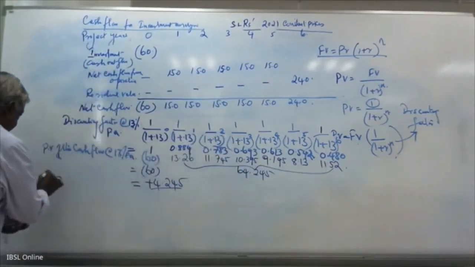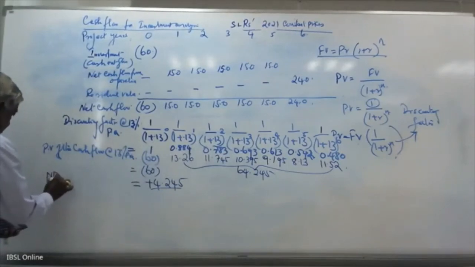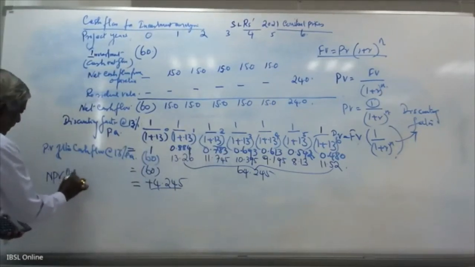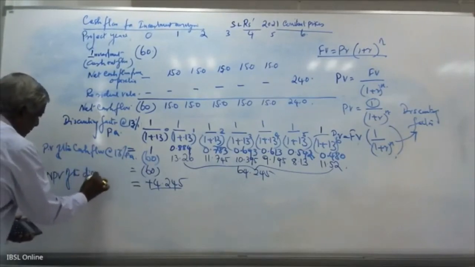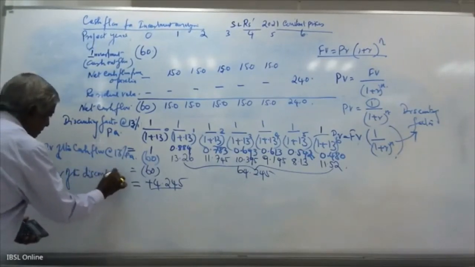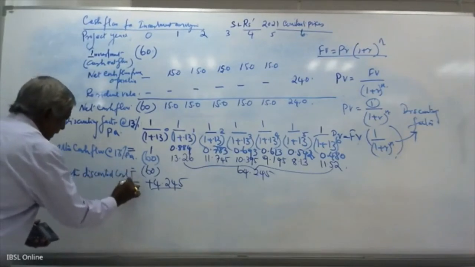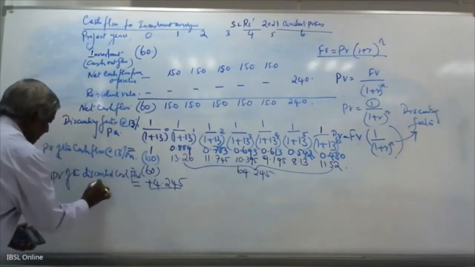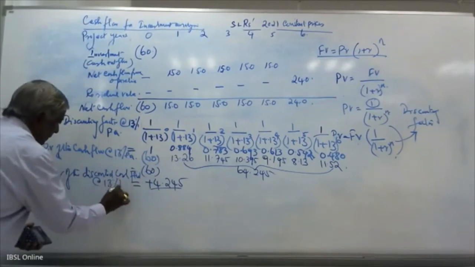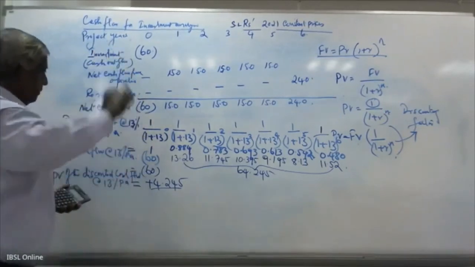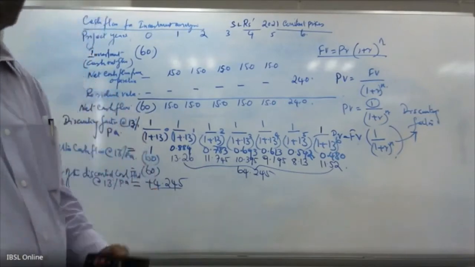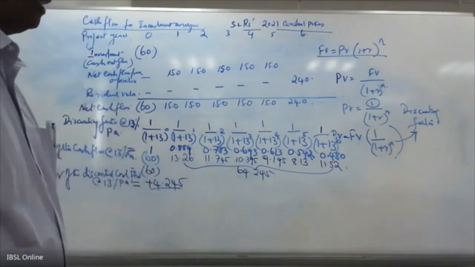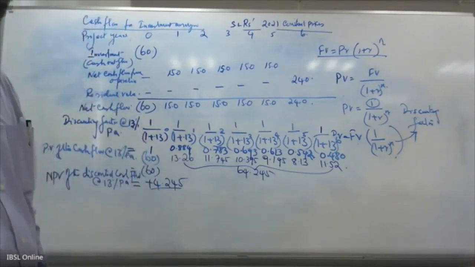So the NPV, net present value of the discounted cash flow at 13% per annum, is now positive, plus 4.25.